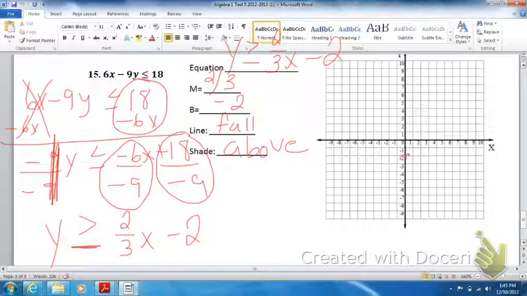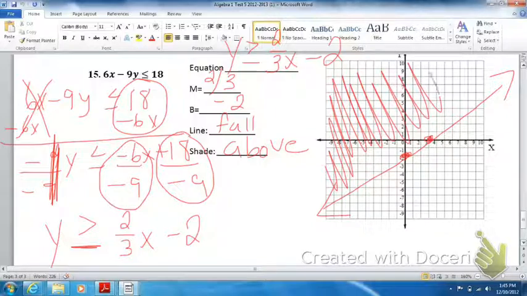So there's a point here, negative 2, and there's one about here. It's going to be a regular line, a full line. There we go. And shade above, color above it. There we go.